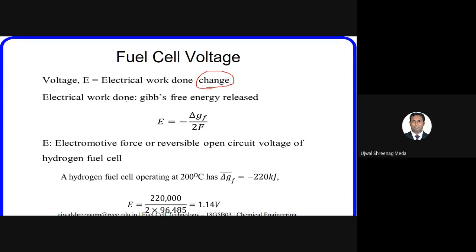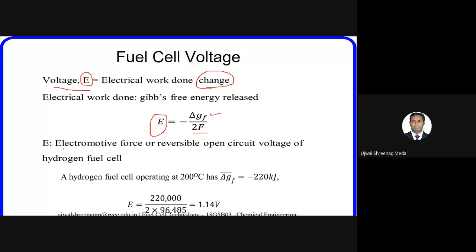It is the ratio of electrical work done and charge that gives the voltage, and it is represented as E. Soon we are going to learn why it is E. For now, how do we get that? It is the electrical work done per charge, that is delta Gf by 2F. That is how we can find out how much voltage is generated in a fuel cell.